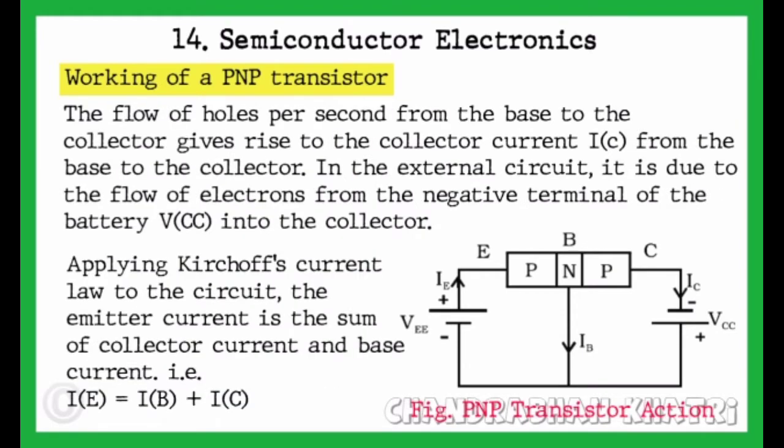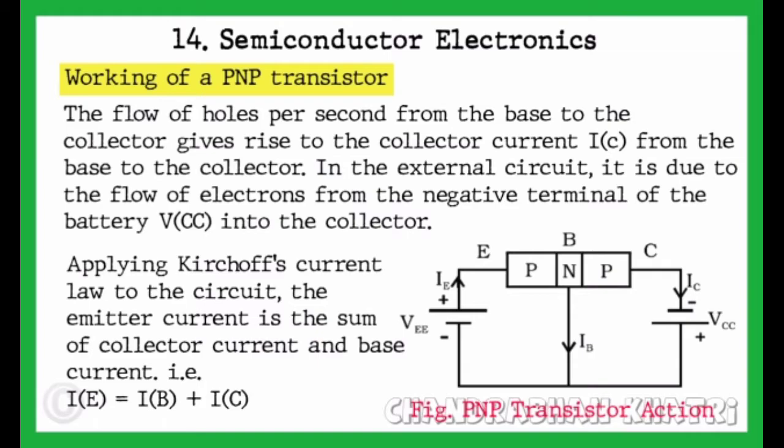The flow of holes per second from the base to the collector gives rise to the collector current IC from the base to the collector. In the external circuit, it is due to the flow of electrons from the negative terminal of the battery VCC into the collector.